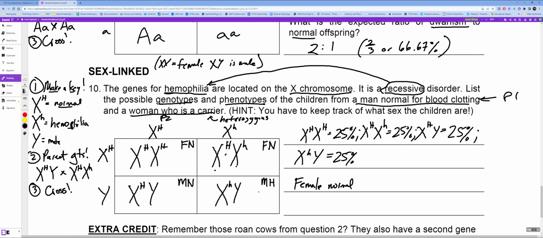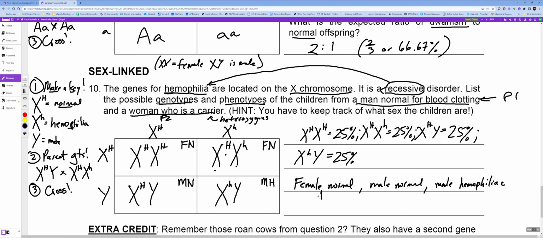Of course, there's a 50% chance of a female or male. Females, there's no chance of them to have hemophilia. The males have a 50% chance to have hemophilia. But these are our genotypes right here. Let's see here. Female normal. Male normal. And male hemophiliac. Okay.